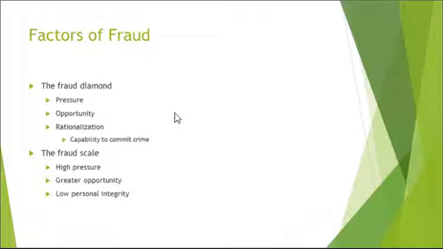According to Wolf and Hammerson, opportunity opens the door, the realization draws the offender towards the door, and the capability pushes them through. And obviously, the pressure is the reason why they do this.